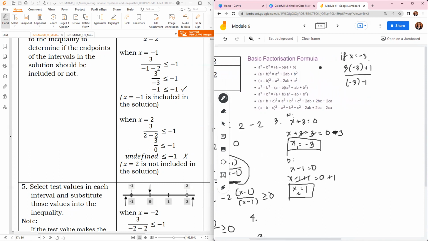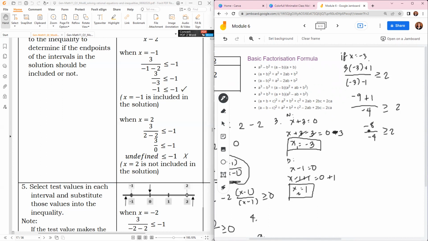And if it is greater than or equal to 2. So, 3 times negative 3, that is negative 9 plus 1. And then, negative 3 minus 1 is equal to negative 4. So, what is negative 9 plus 1? That would be negative 8, diba? And that would be over negative 4.